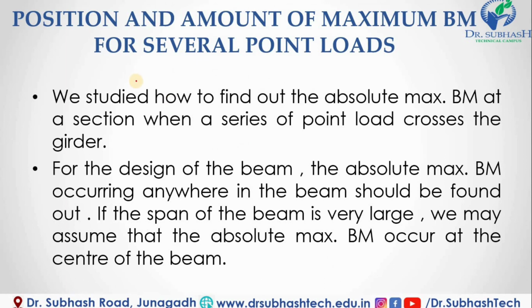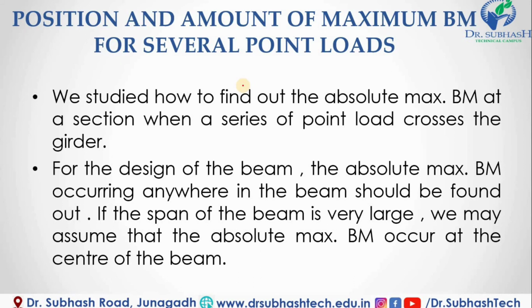So we studied how to find the absolute maximum bending moment at a section when a series of point loads cross the girder. For the design of a beam, the absolute maximum bending moment occurring anywhere in the beam should be found out if the span of the beam is very large. So we have mainly assumed that the absolute maximum bending moment occurs at the center of the beam, so this arrangement should be assumed.